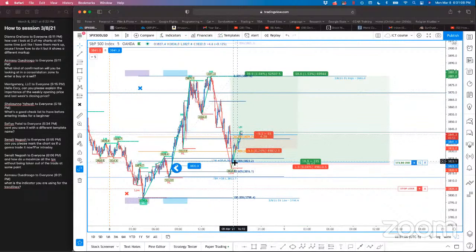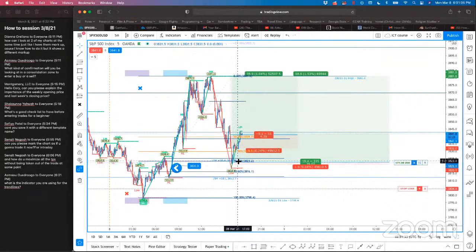I entered two ways. I put the main order at 70, the 70%, right? And then the partial, I'm sorry, I put the partial in up here somewhere, after I saw that it rejected, right?